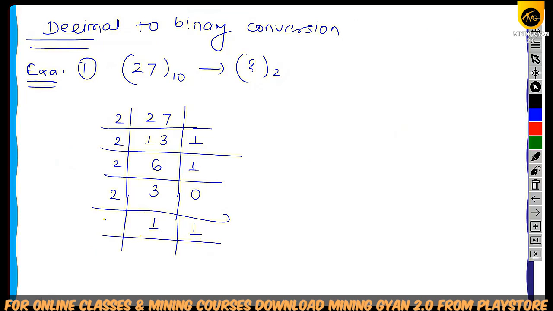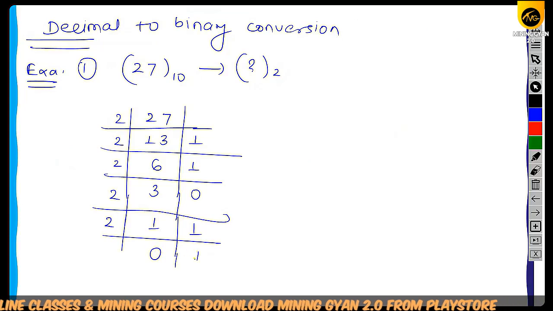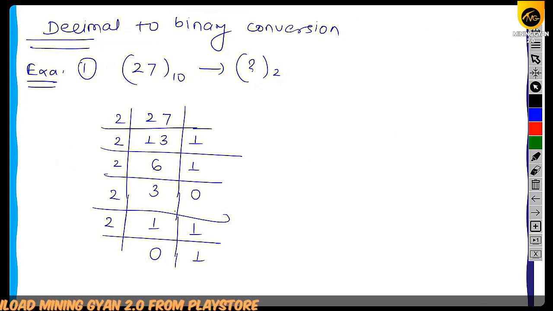Now the last one is 2 0, and the remainder will be 1. Or you can ignore this step. This last step is ignorable. You can directly use these numbers because there is no chance to divide 1 by 2. So that's why you can skip this step.